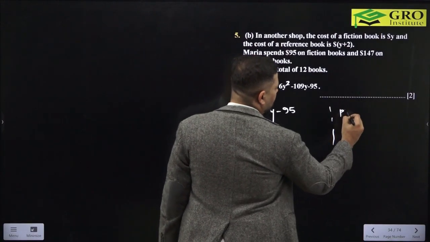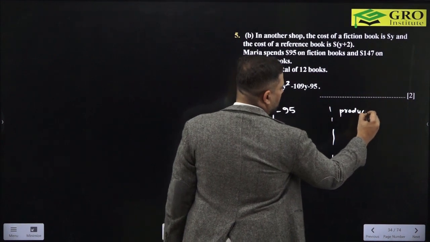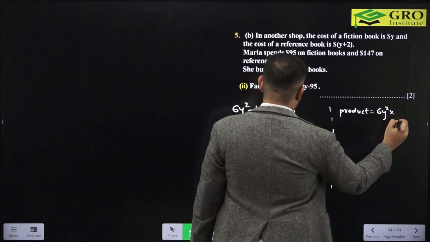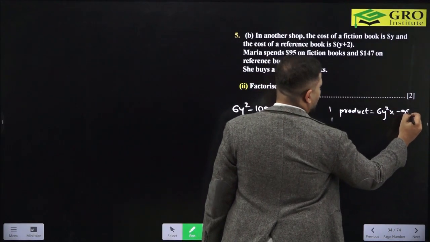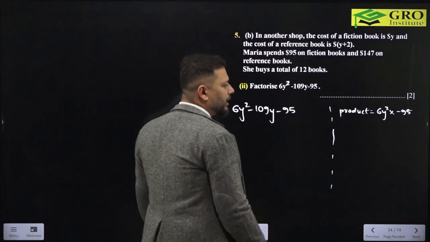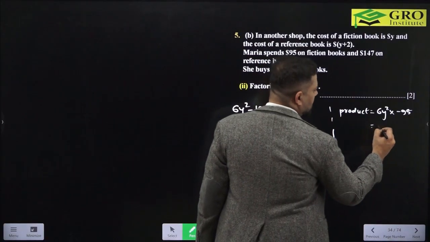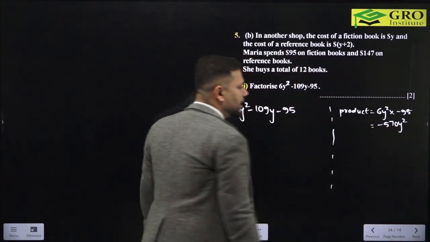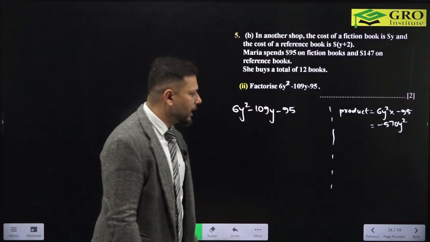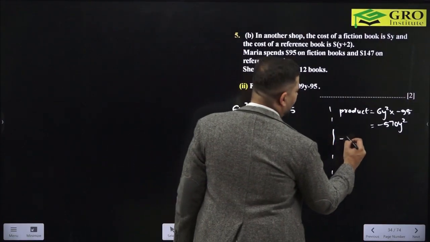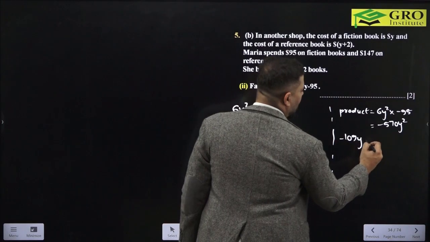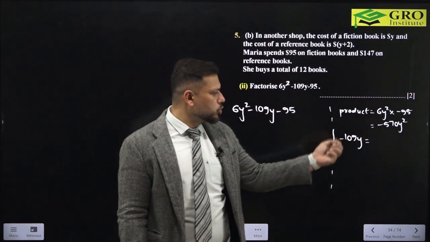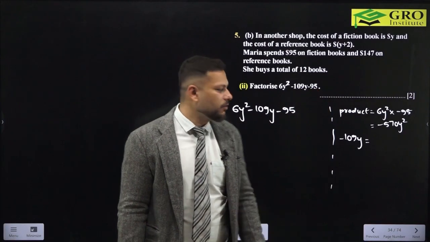What is the product that we are getting? Product is actually 6y square multiplied with minus 95. So if I solve it, I am going to get minus 570y square, isn't it? This is what the product looks like. So I have to split minus 109y in such a way that the product of the split is equal to minus 570y square.